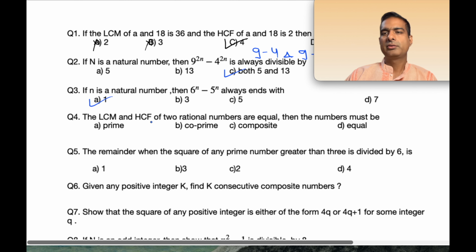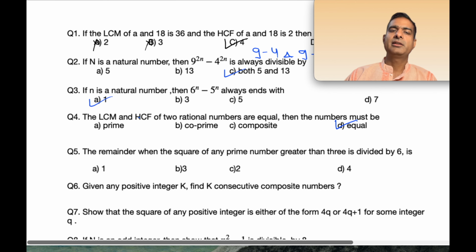And HCF of two numbers is always less than or equal to the smaller of the two numbers. So HCF can be only equal or smaller than the smallest number, and LCM will be greater or equal to the greatest of the numbers. So if both HCF and LCM are equal, this will be possible only if the two numbers are equal.